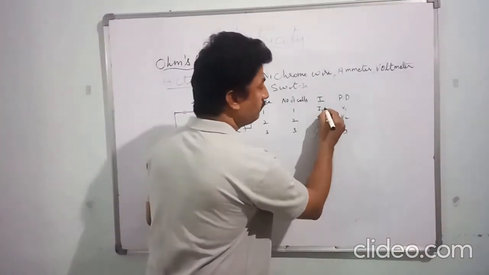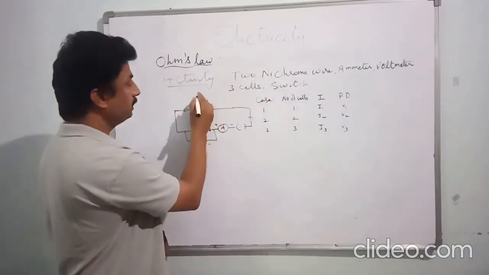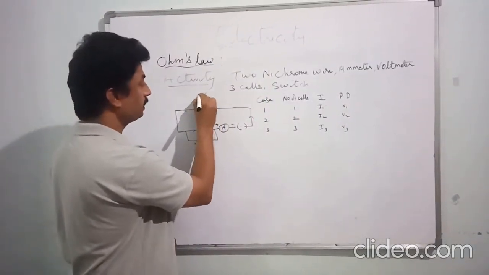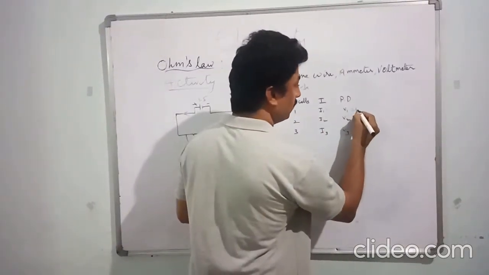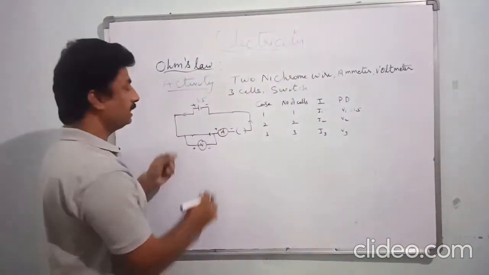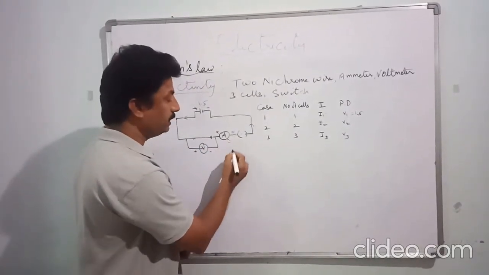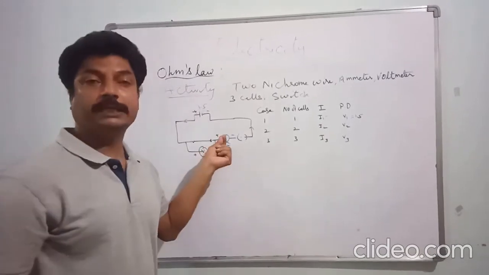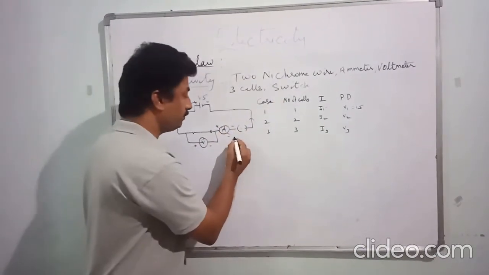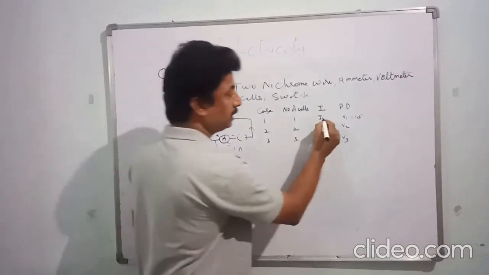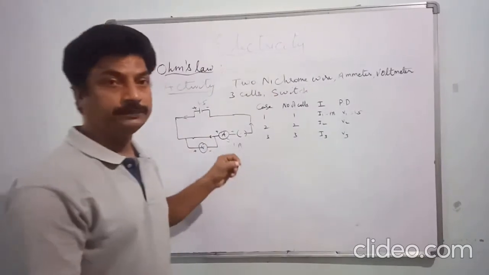Let us take one example. Each battery will be 1.5 volts, so let us take V1 as 1.5. Understand that the current flowing is what you will read in the ammeter. Let us understand the current is 1 ampere over here.